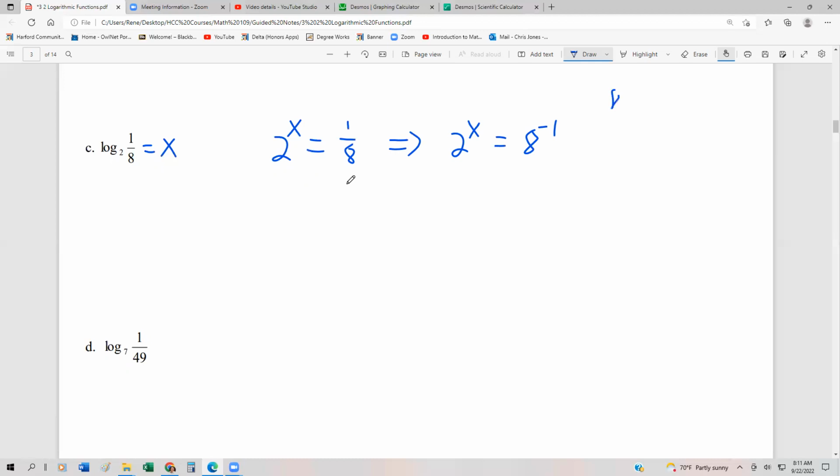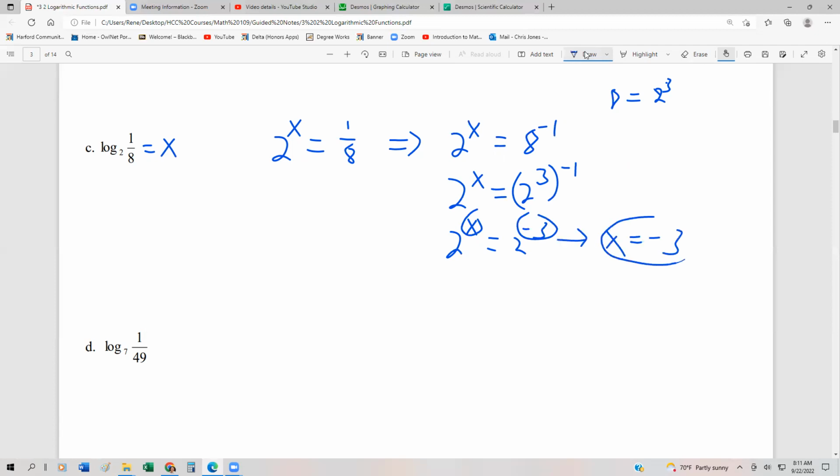We know that 8 is the same thing as 2 to the third, so we can write 2 to the x equals 2 to the third, to the minus 1. Another way to write that is 2 to the x equals 2 to the minus 3, and we can clearly see that x is minus 3. Usually when we have a fraction like 1/8 or 1/27, the logarithm is going to evaluate to a negative number.